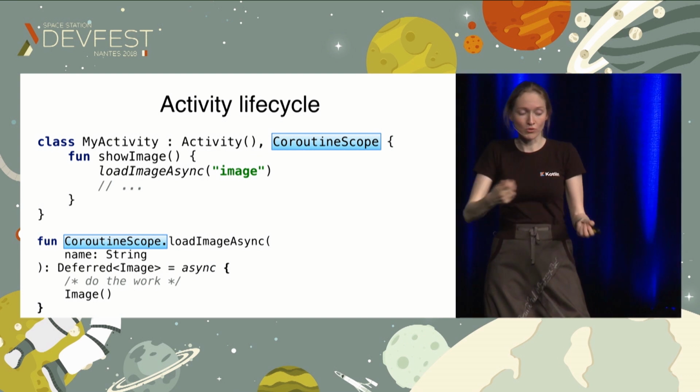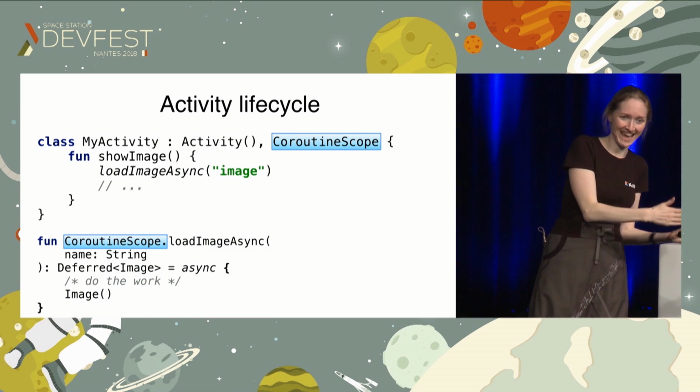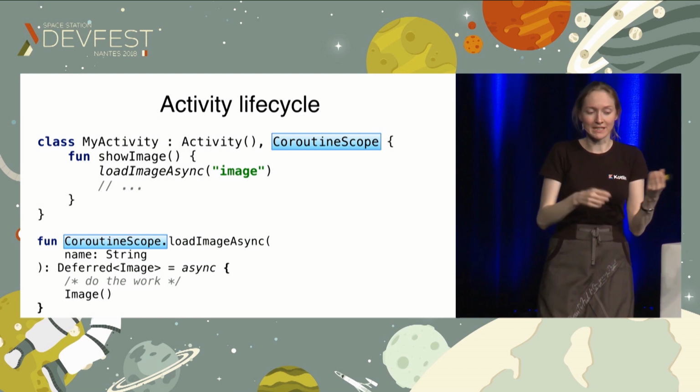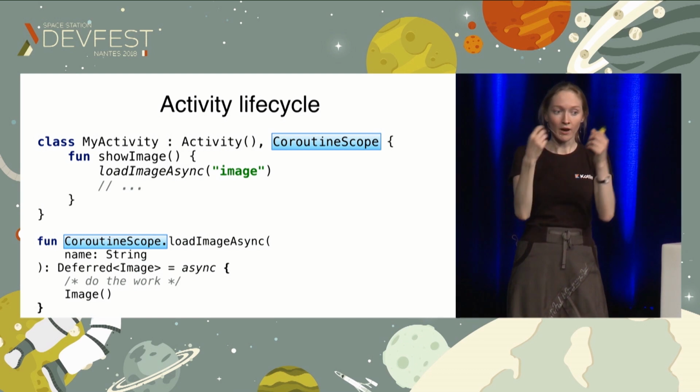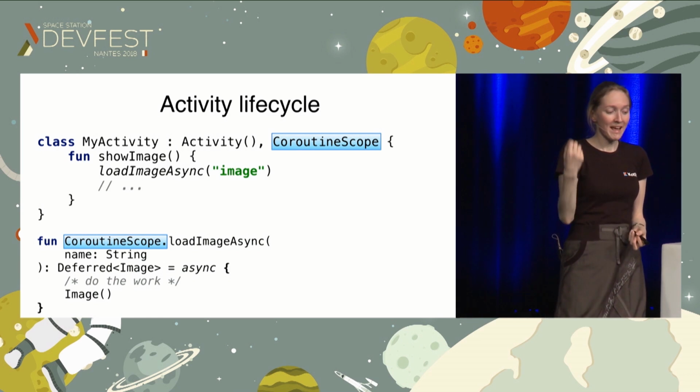To accomplish it, you do a very easy thing. For instance, you can have your activity implement coroutine scope. And if you implement coroutine scope, then you can start all your new computations. Do remember that now we can only call async and launch from some coroutine scope, because they are extensions of coroutine scope.